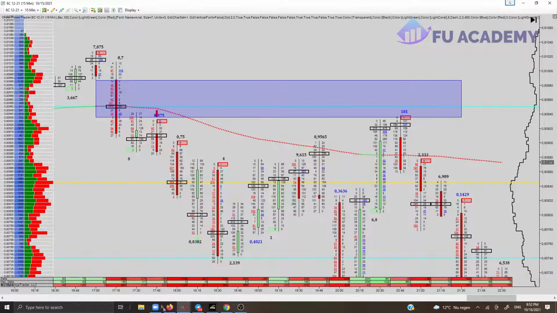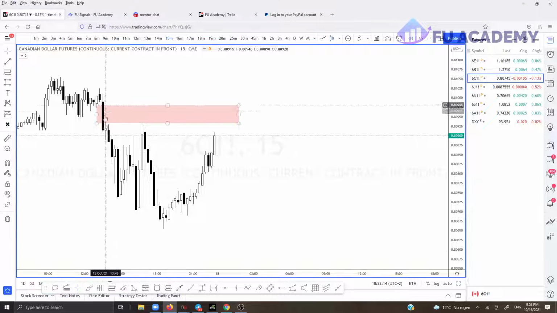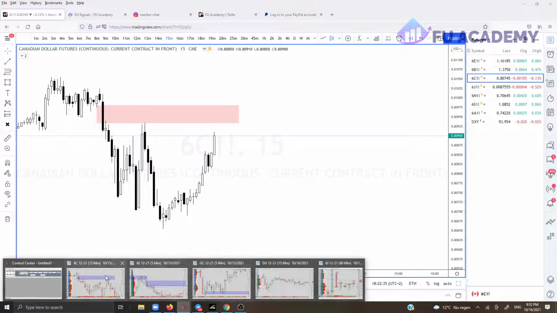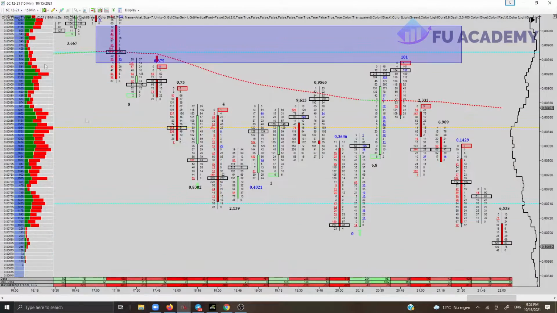So let me repeat one more time. This is the CAD chart. We saw on the CAD chart a sharp drop, and we all know that this is imbalance. There are some orders definitely hidden there, but to validate whether this level is a very powerful level or not, we can go to the order flow 6C chart, the same futures chart.